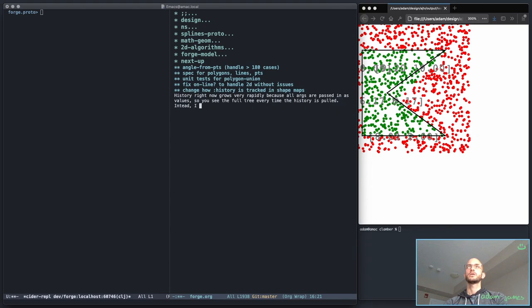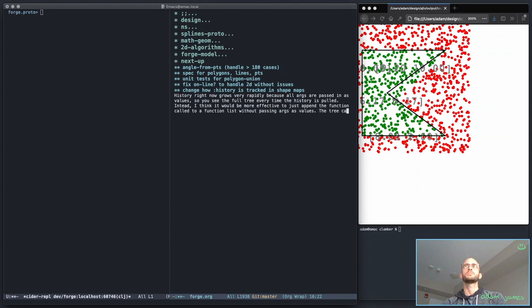Instead, I think it would be just as efficient to store the base, to just append the function called to a function list without passing args as values.